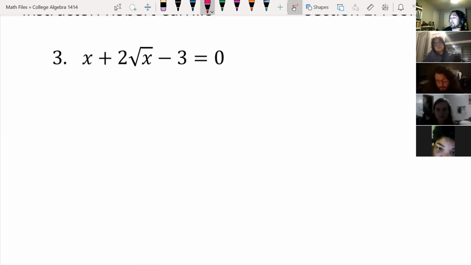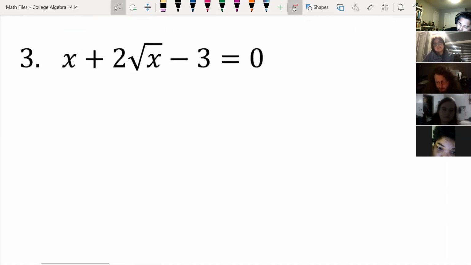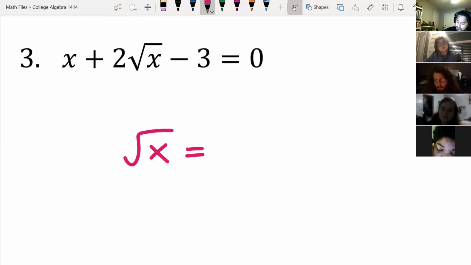So once again, I'm going to let u equal the smallest power of x. Who's smaller, x or the square root of x? Square root of x, good.